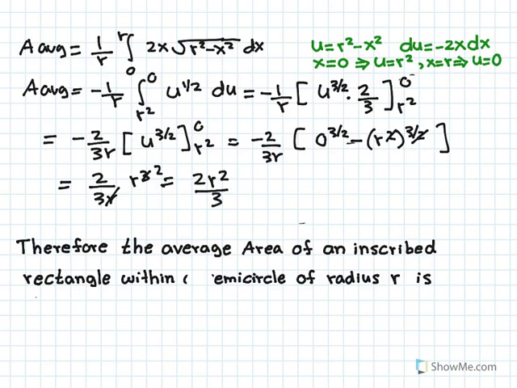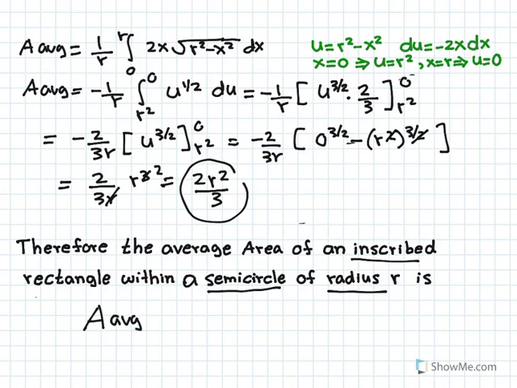So what we have shown is that the average value of the area of an inscribed rectangle within a semicircle of radius r is A average equal to 2/3 r squared. It's interesting to compare this to the actual area of the semicircle, which is pi r squared divided by 2.